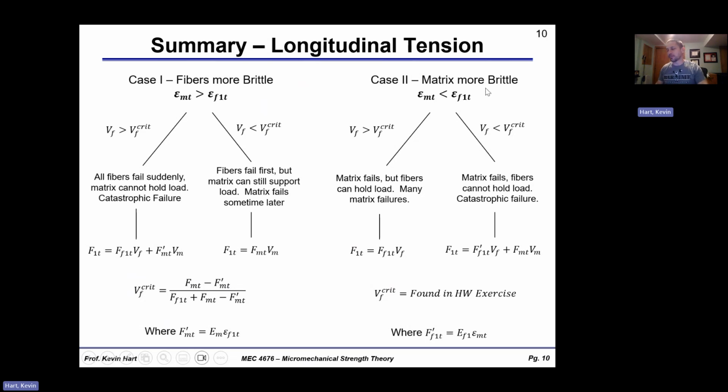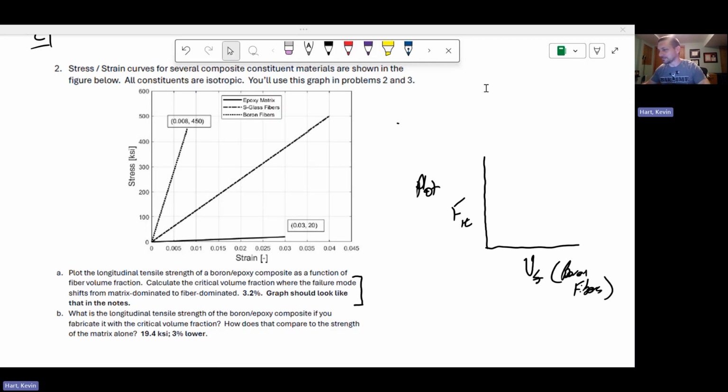Well, what does it mean to be more brittle? It's just all about strain to failure. So here, our epoxy has a strain to failure of 0.3. And if we're using boron fibers, which we have over here, then the boron fiber strain to failure is 0.008.